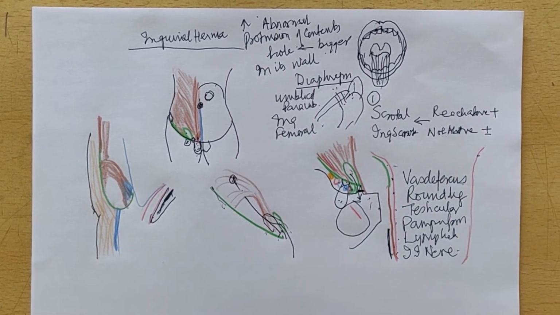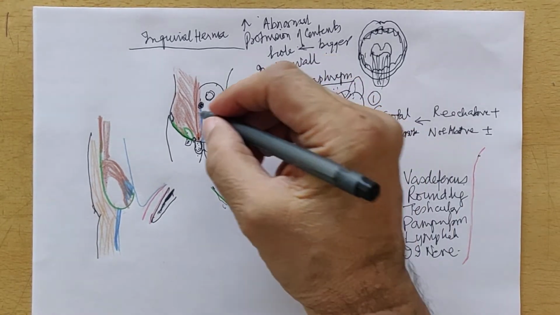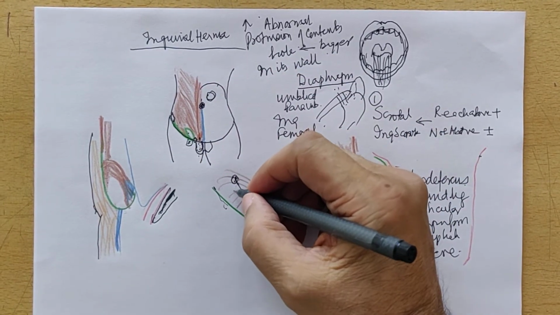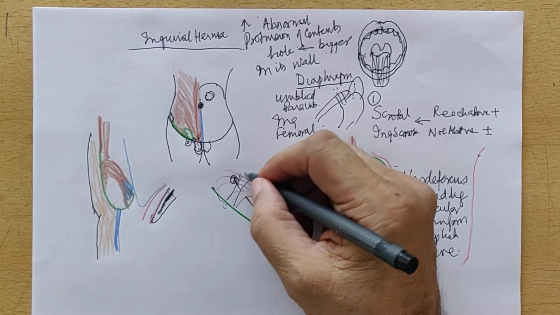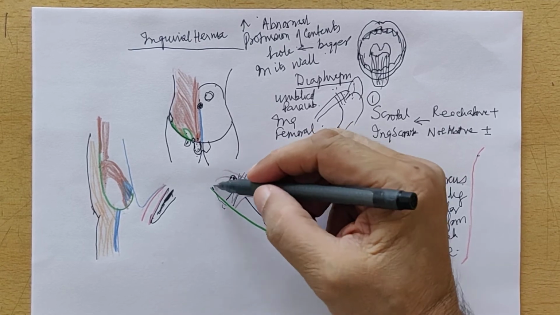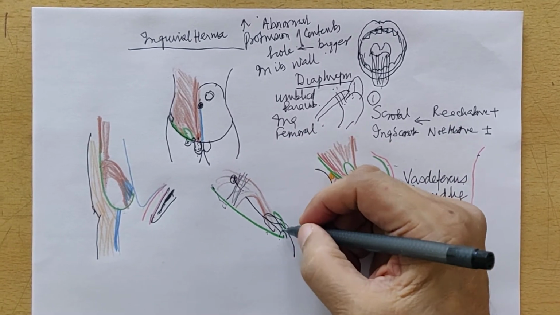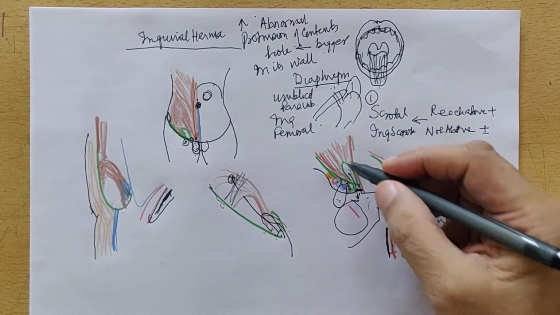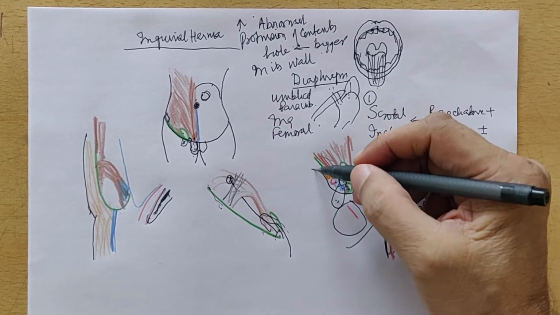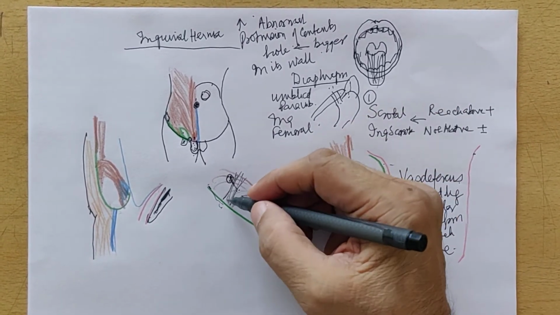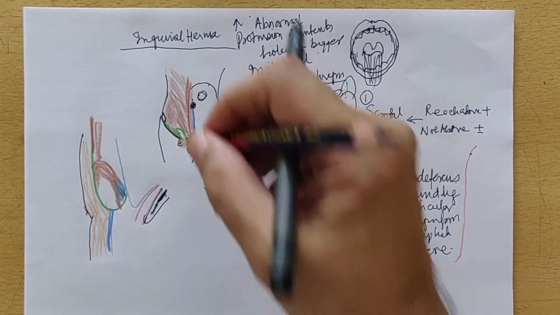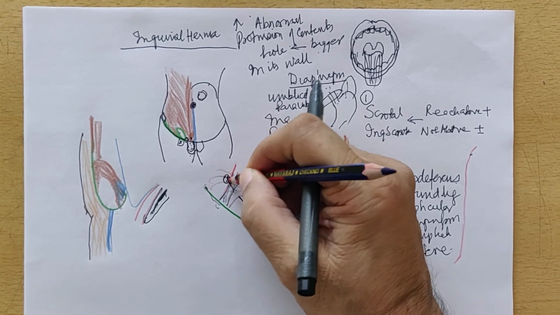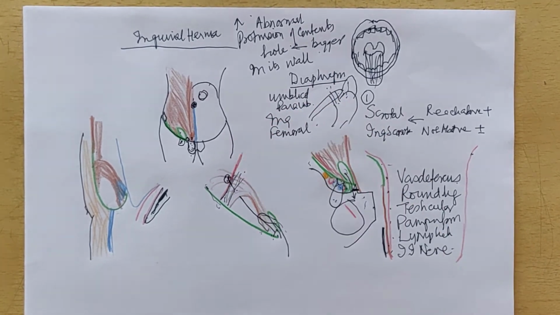And this is the deep inguinal ring, and here is the reflected part of the inguinal ligament. I told you it has four parts: inguinal, lacunar, pectineal, and reflexum. So this is the reflexed part of the ligament, and here you have a very important artery, the inferior epigastric artery.